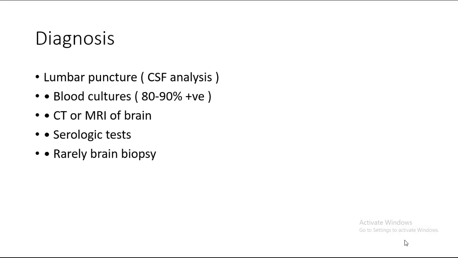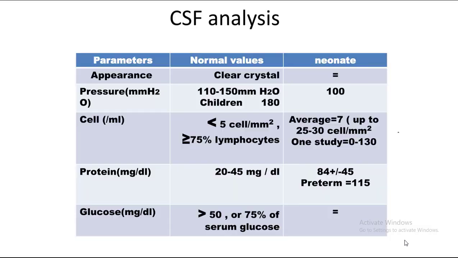In cases where lumbar puncture is contraindicated or the family refused the procedure, then we can culture blood, and it has a diagnostic yield of 80 to 90% of the cases. Neuroimaging has indications, serologic test, and rarely brain biopsy.